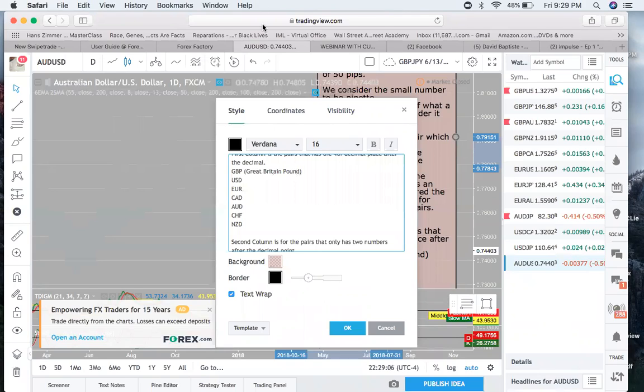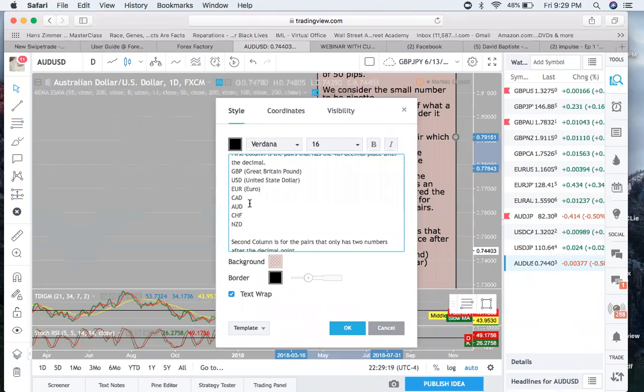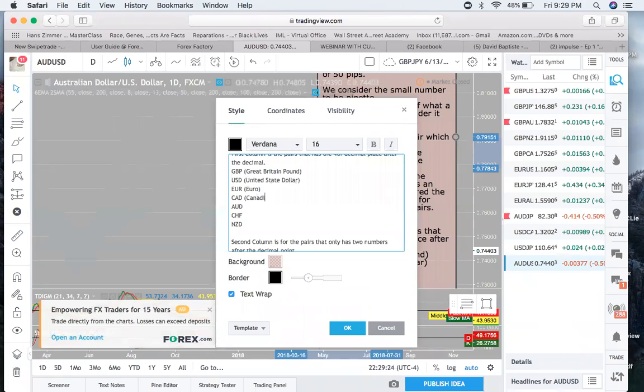All right, so GBP is known as the Great Britain pound. USD is the United States dollar. EUR is the euro. CAD is the Canadian dollar. AUD is the Australian dollar.